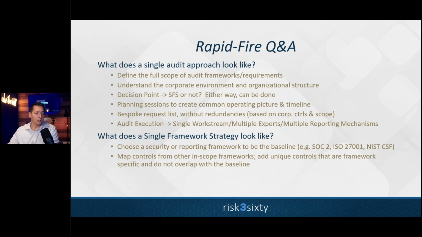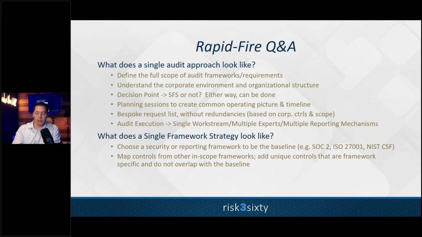So that's step one. Step two is then mapping controls from other in-scope frameworks, and then adding unique controls that are framework specific and may not overlap. So the idea would be to get one single set of controls that map to other frameworks.